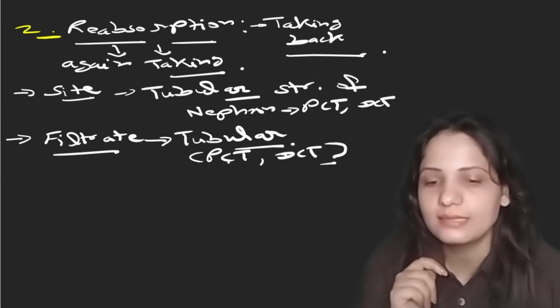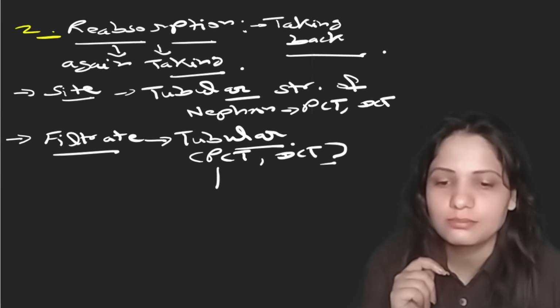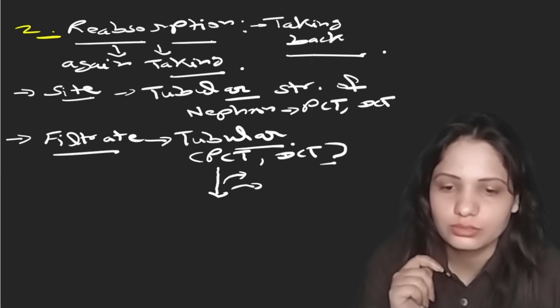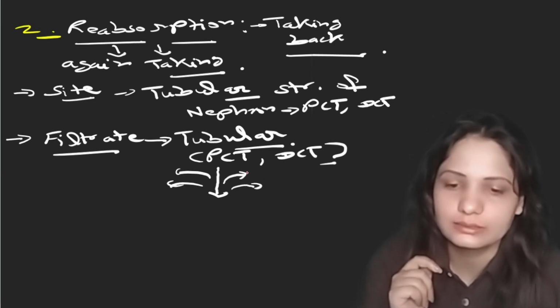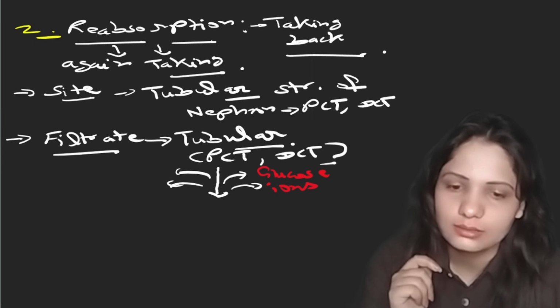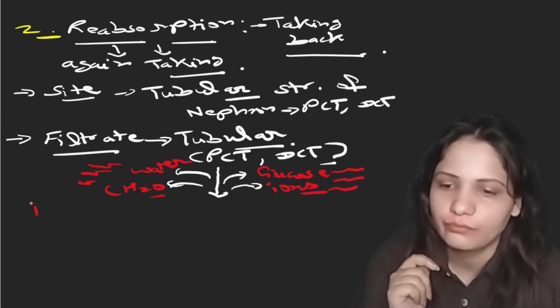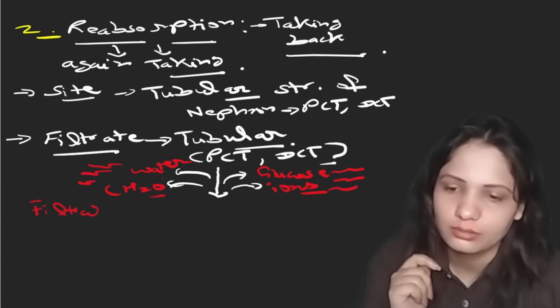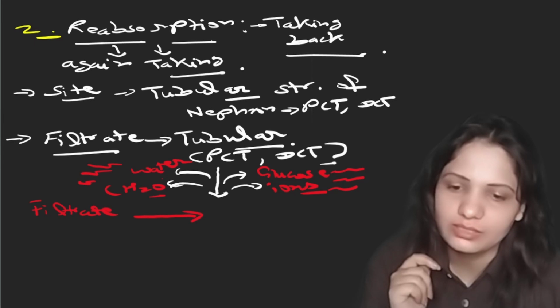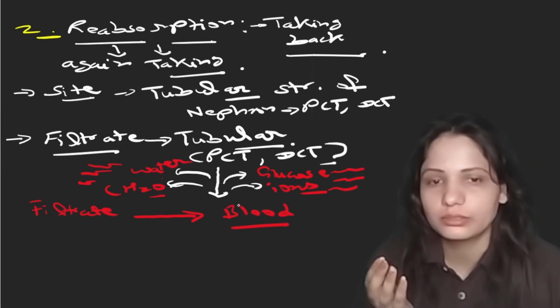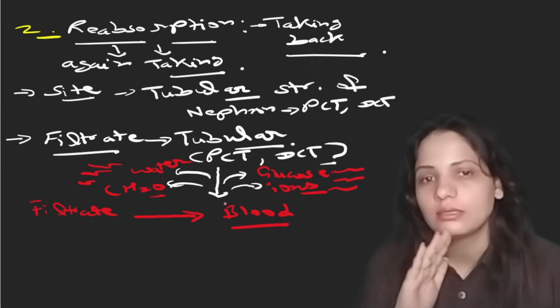Inside the PCT and DCT, this process of reabsorption occurs. Certain substances like glucose, ions, and water, H2O, are taken back into the blood from the filtrate.